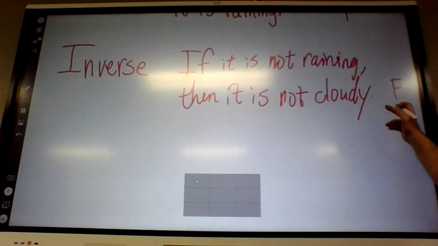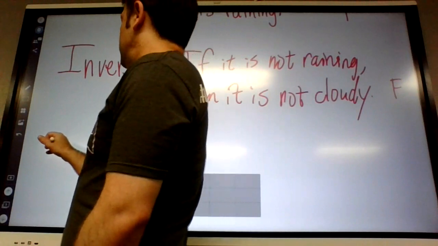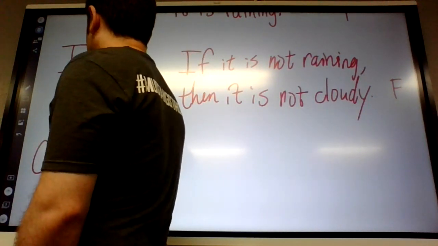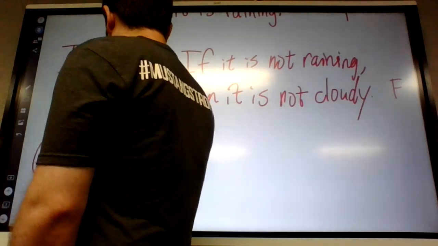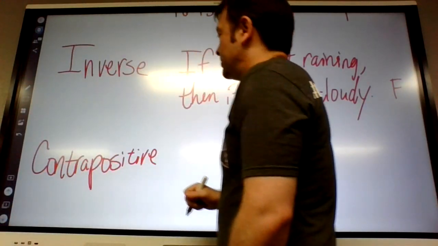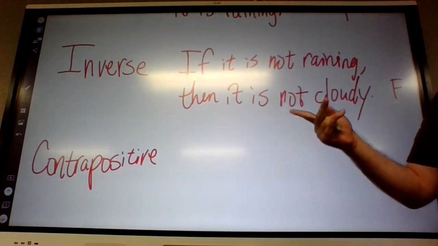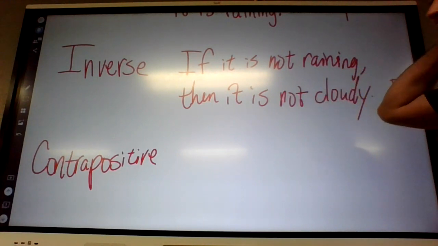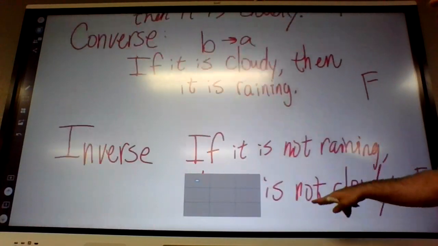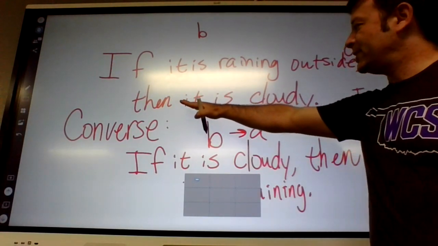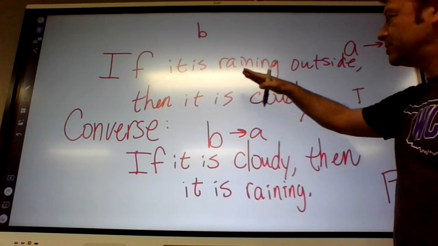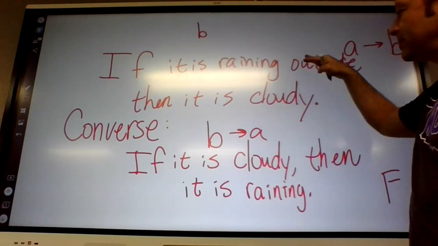In this case. And then the last one, and this is a big word, contrapositive. So the big word means you have to do the most stuff. You have to switch the order and you have to negate both of them. So instead, it will be, if it is not cloudy, then it is not raining outside.